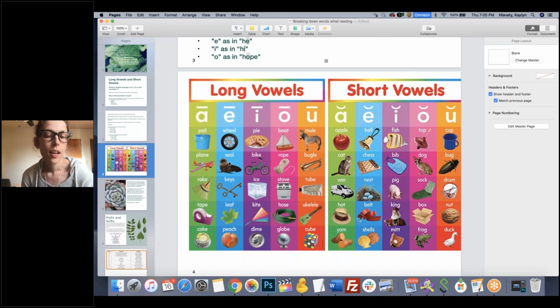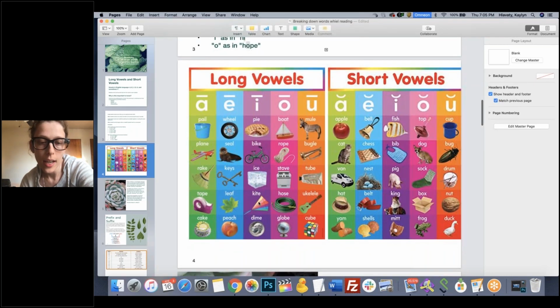Keys, leaf, again, the E and the A are a cue to you that it's going to have that long sound, and it'll be pronounced as it's written there. Peach. For long I's, we have pie, bike, ice, kite, and dime.